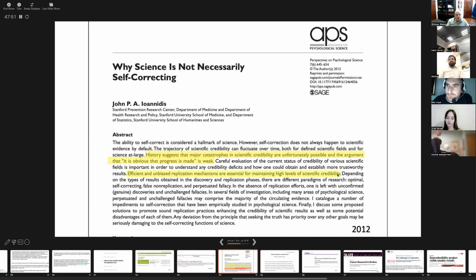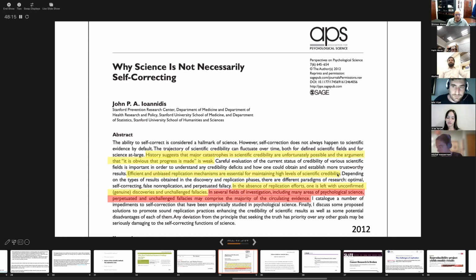Efficient and unbiased replication mechanisms are essential for maintaining high level of scientific credibility. Basically, you need to repeat the results many times in different labs. In the absence of replication efforts, one is left with unconfirmed discoveries and unchallenged fallacies.